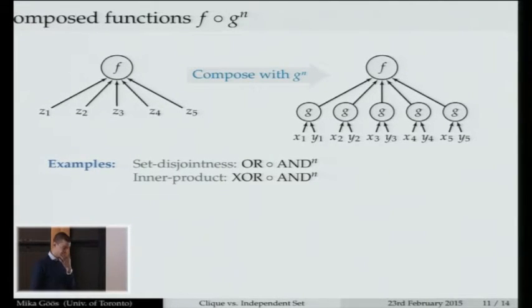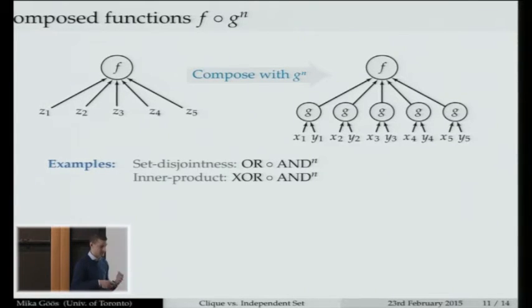Okay. Right, so composed functions. This work is about trying to understand the communication complexity of composed functions. Most functions you study in communication complexity are composed functions anyway. The idea is you start with a plain Boolean function on n inputs, exactly the kinds of functions we were just constructing. And you want to convert this function into a two-party problem.